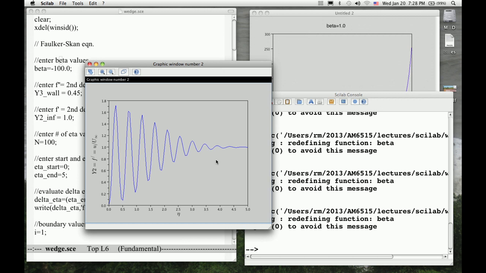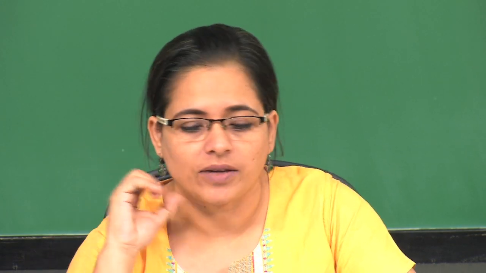It's almost becoming a highly unsteady kind of motion, if you see. It is changing so frequently. So if you're pitching an airfoil, or a pitching wing, or even very small birds, they flutter like that. So the velocity profile comes out to be like this.